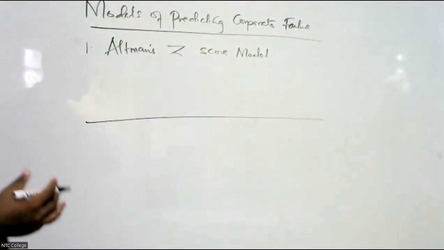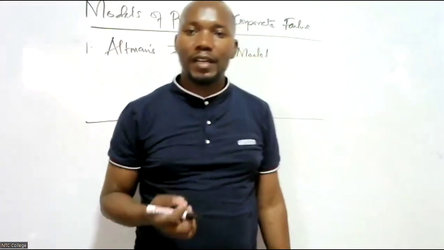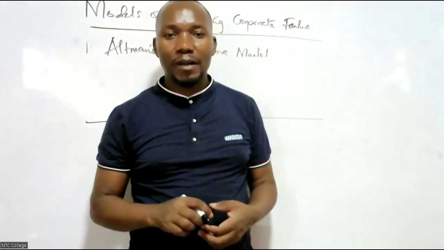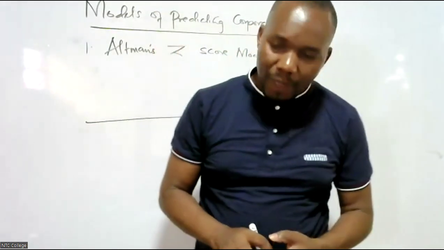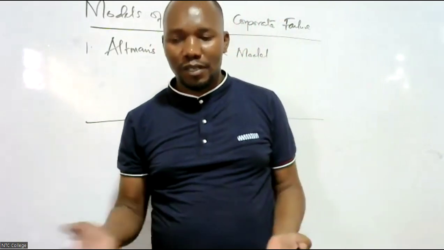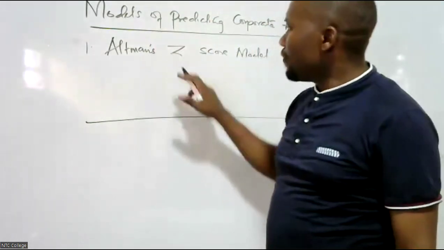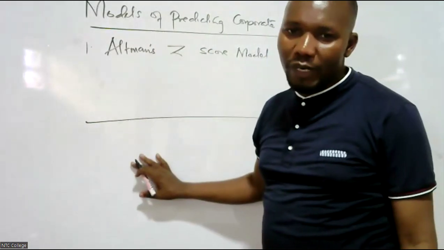So what are we trying to do? We are trying to look at or predict the chances that this company might fail. The company failure, or the firm's failure. How do you know that this company is going to fail or this company is going to be successful? So we are using this range. The value of Z score needs to be interpreted, and the interpretation will help you understand it.